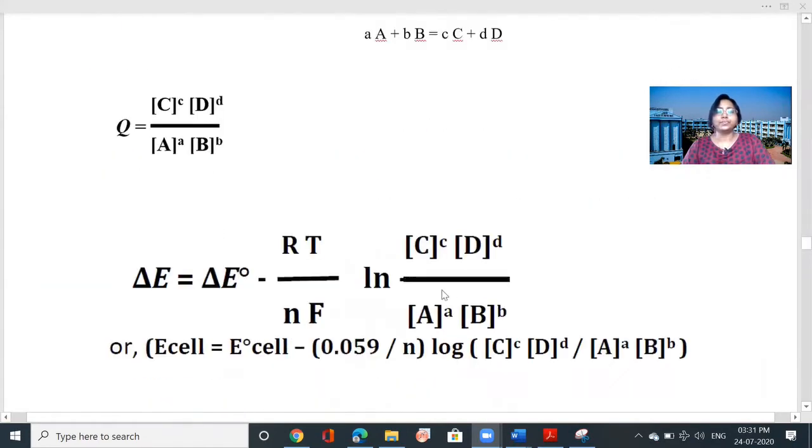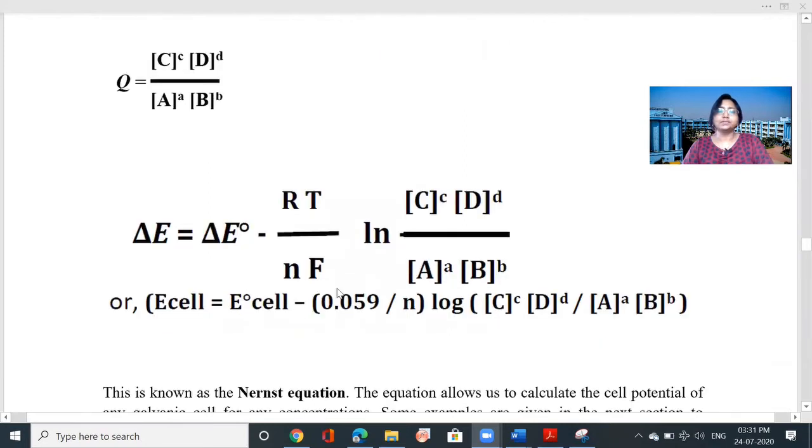Now, this is the Nernst equation: delta E is equal to delta E0 minus RT by nF ln Q, where Q is the reaction quotient.